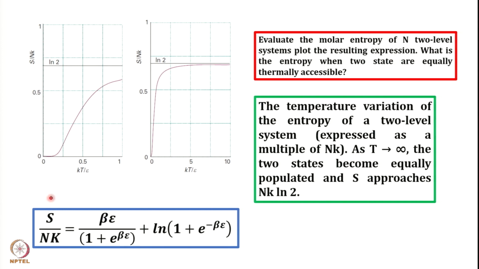We have already shown the dependence of entropy upon temperature or beta through this expression. S by Nk is equal to beta epsilon divided by 1 plus exponential beta epsilon, plus log 1 plus exponential minus beta epsilon. And when you plot this, look into the upper figures. It is plotted as S by Nk versus kT by epsilon.